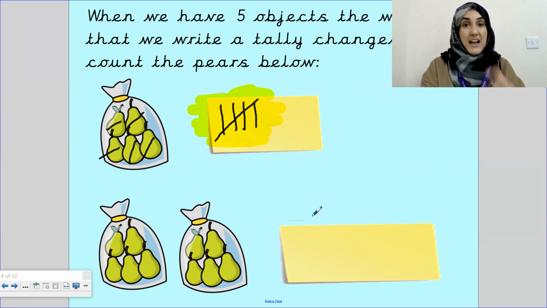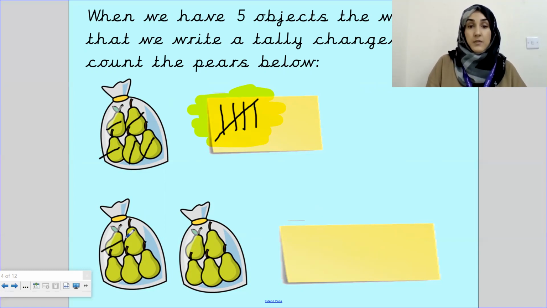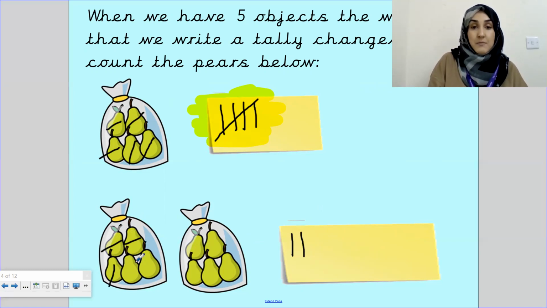So now let's count these pairs underneath. 1, now remember we need to do it carefully. 2, I need to make sure, just like we did in our sharing, 1 at a time, that's how we're going to do our tally marks as well. 3, 4, 5. Well done.